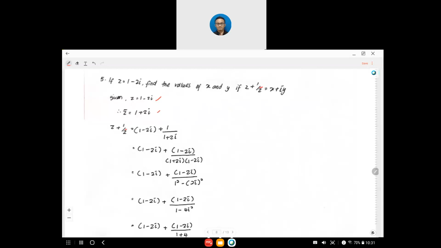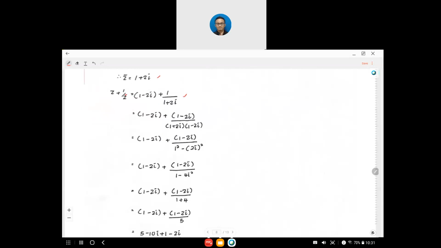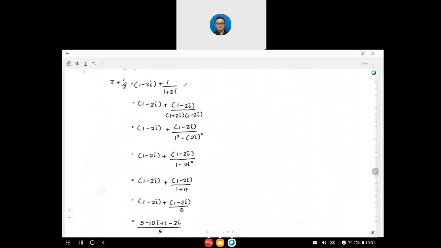So 1 minus 2i plus 1 over 1 plus 2i. This one you need to multiply by the conjugate. So you get 1 over 5, because 1 plus 4 gives 5. Okay, correct.